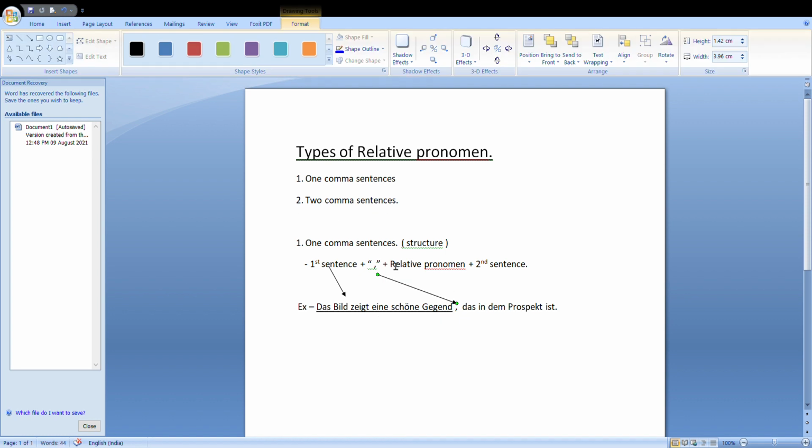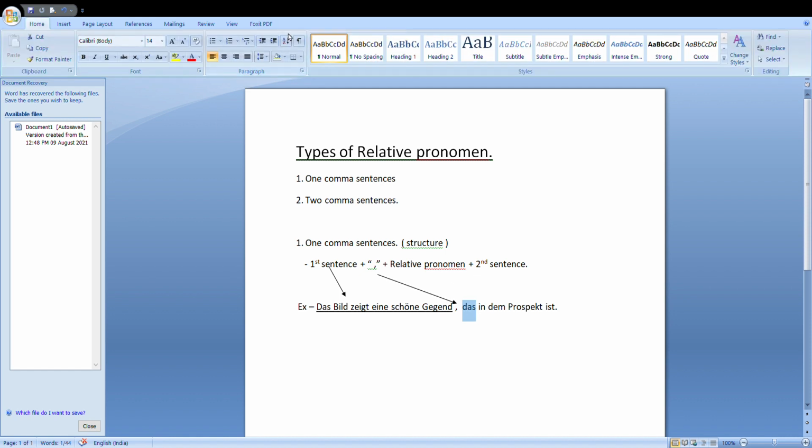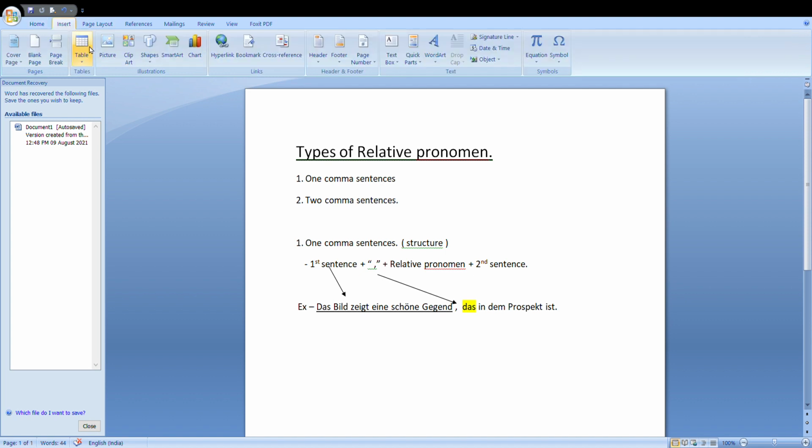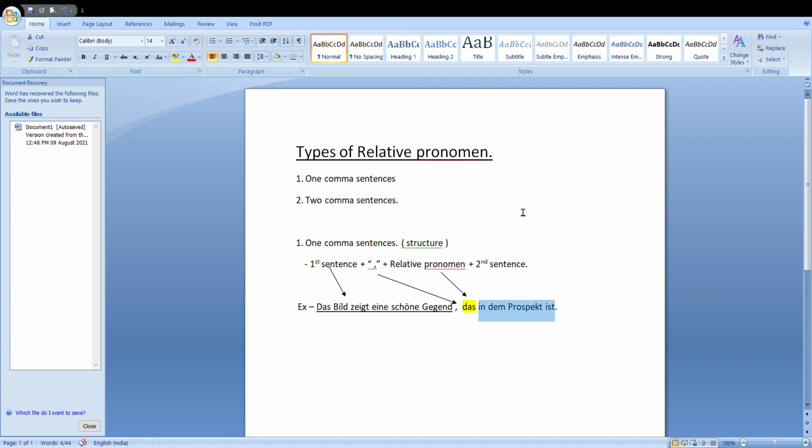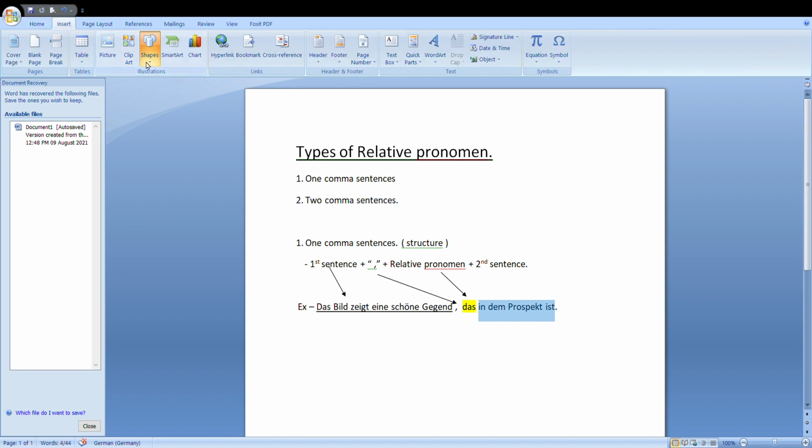Then we have this relative pronomen over here. Then, in continuation, without any comma, we have the second sentence. This is our second sentence.